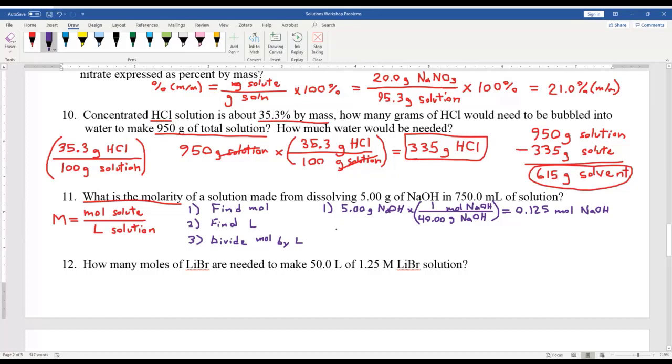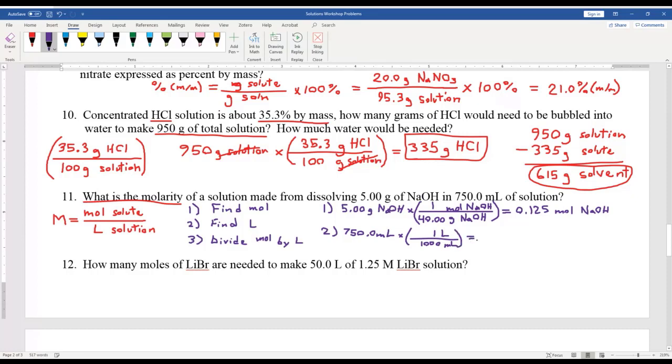All right, cool. Now I'm going to find liters. Let's go ahead and do the same thing. I'm going to convert milliliters to liters. This is a conversion you're probably all familiar with at this point. Just multiply times the conversion factor: 1,000 milliliters is equal to 1 liter. In this case, that means I'm dividing by 1,000.